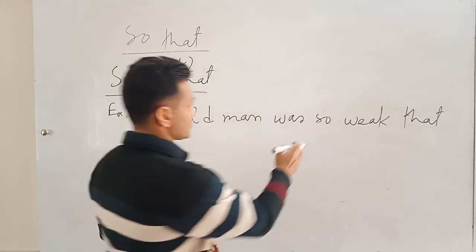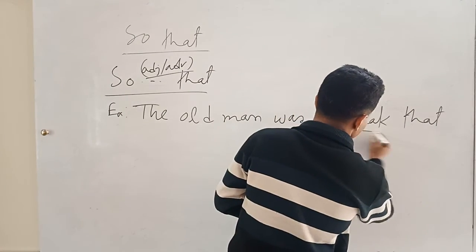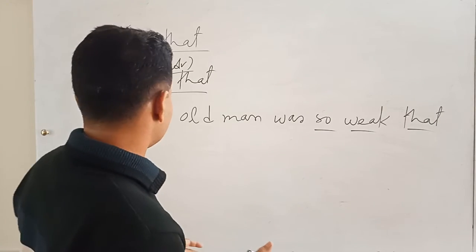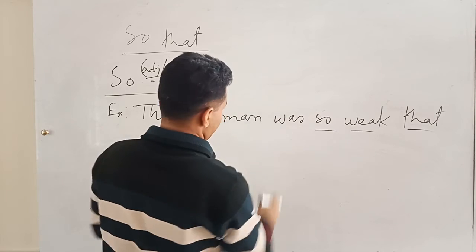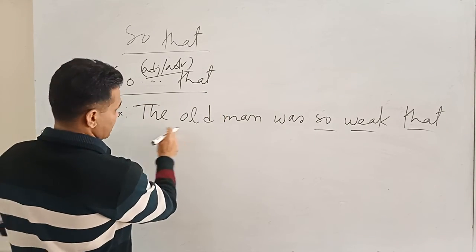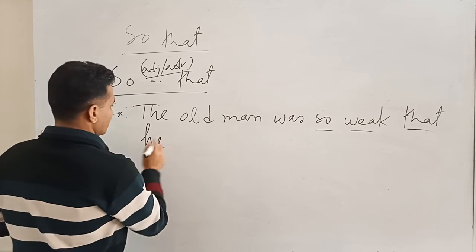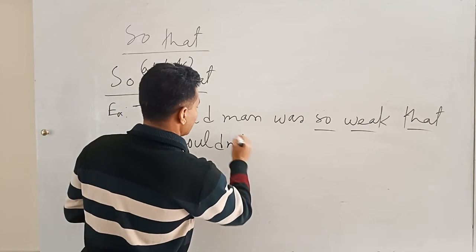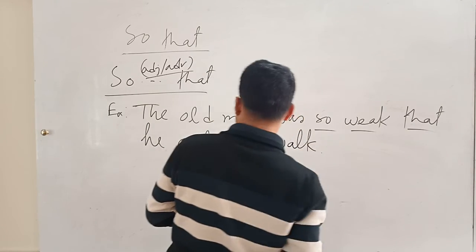The old man was so weak that, so here so plus adjective plus that, and you have to write another clause containing past tense, of course, because the given clause is in past tense. So in that clause you can use the subject, pronoun he, couldn't. He couldn't walk.